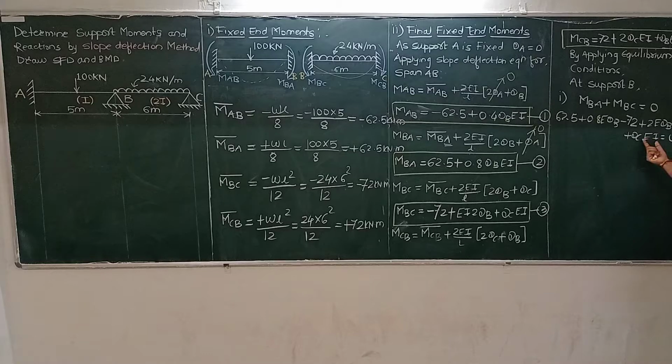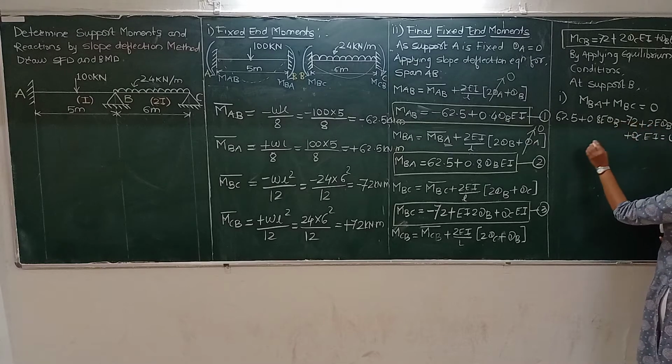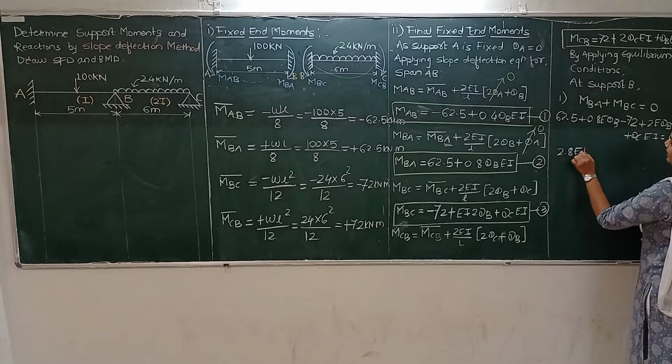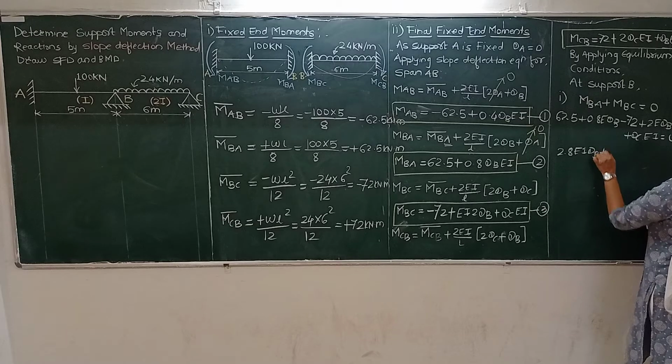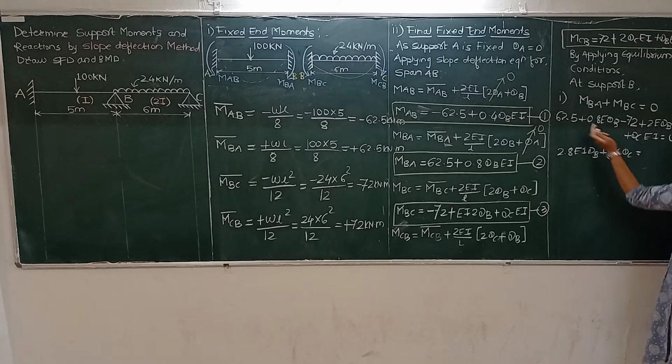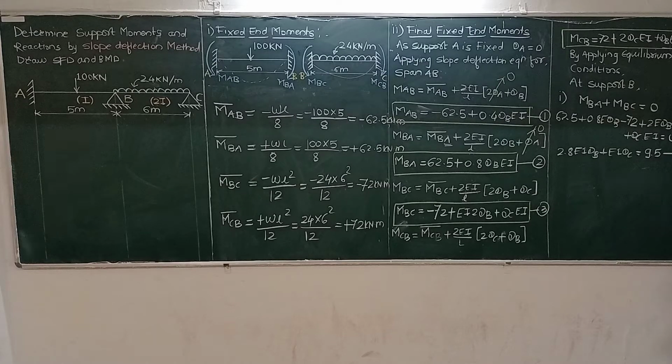By rearranging the terms, we get 0.8 plus 2, that is 2.8 EI theta B plus EI theta C is equal to 62.5 minus 72, which becomes 9.5, and that will be another equation for calculation, which is equation number 5.